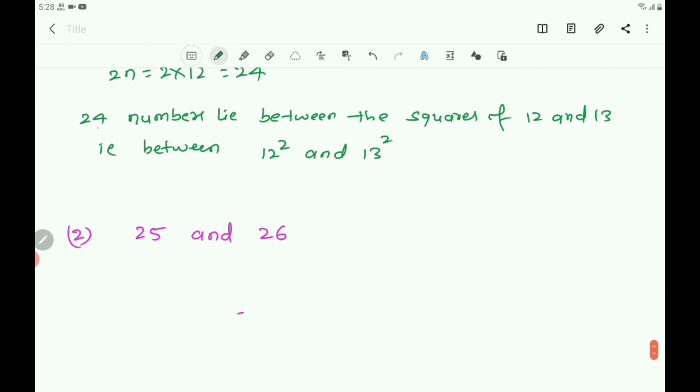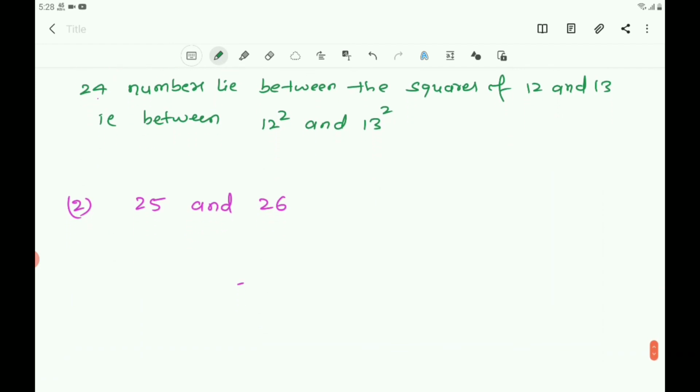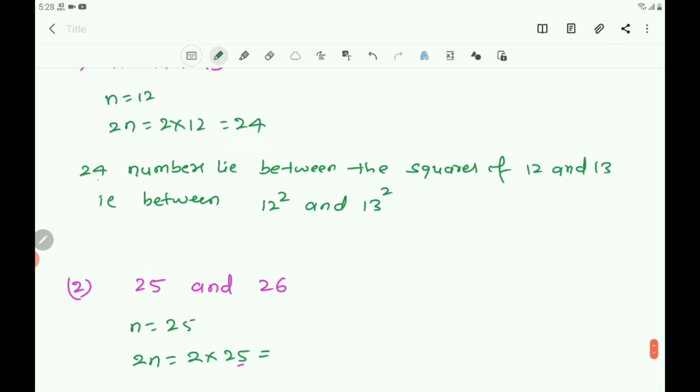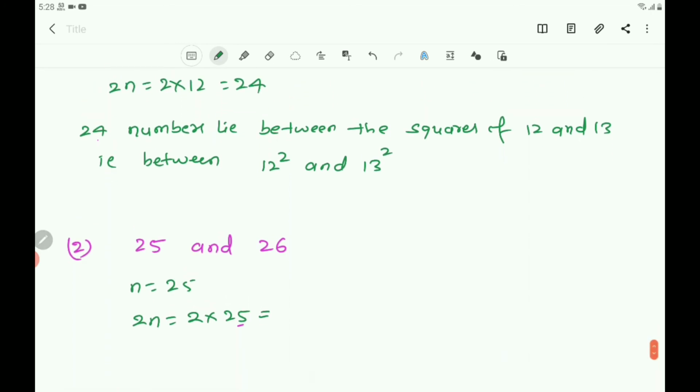Now the next one is 25 and 26. So here n equals 25. n plus 1 is 25 plus 1, 26. And between the squares of 25 and 26, how many numbers lie? That is 2n. 2n equals 2 into 25, that equals 50.